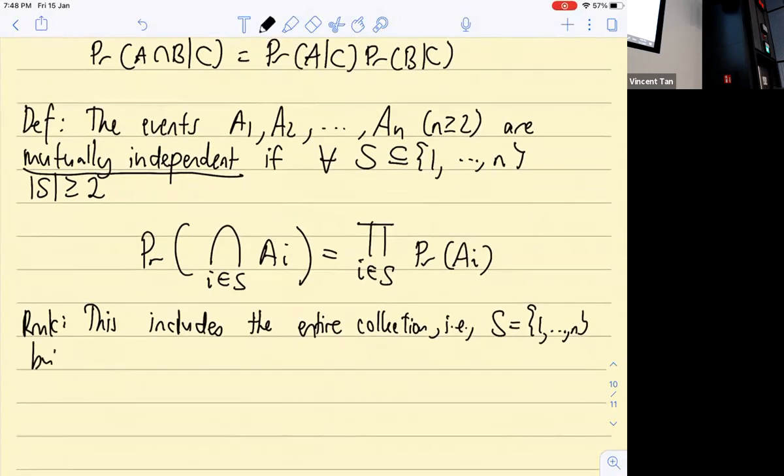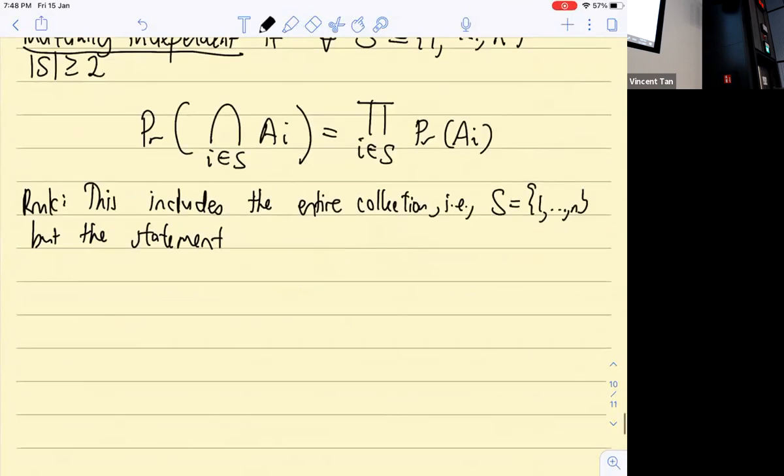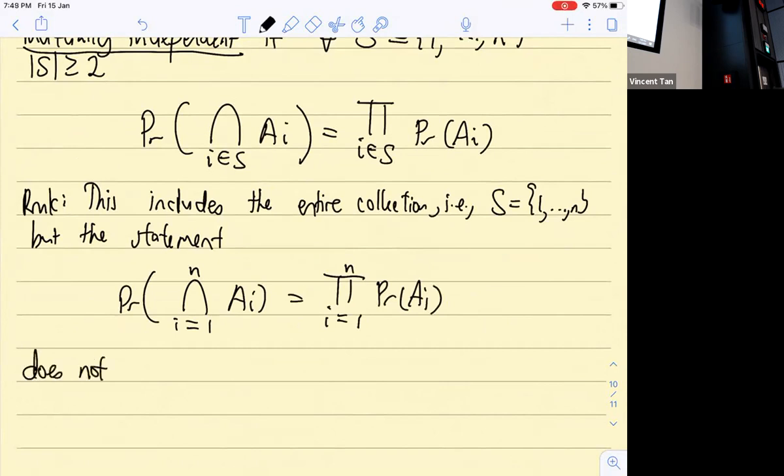But the statement that I incorrectly wrote down, the probability of the intersection of Ai for i equals 1 to n equals the product over i from 1 to n of the probability of Ai, does not imply mutual independence among the Ai.